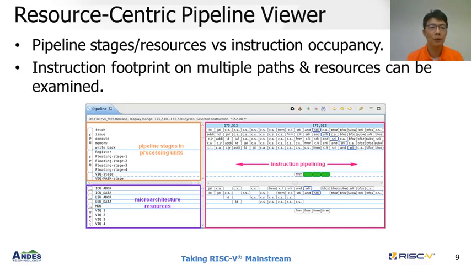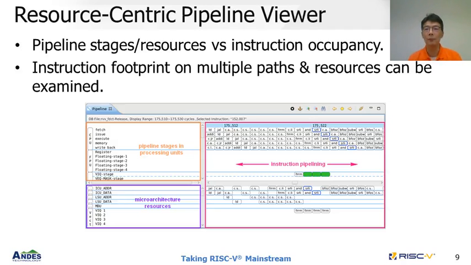This is the Resource-Centric Pipeline Viewer. The Resource-Centric Pipeline Viewer displays the pipeline stages in processing units versus their occupancies by the instruction execution flow, as shown in the window picture. The lower part of the window also shows the microarchitecture resource usage information.